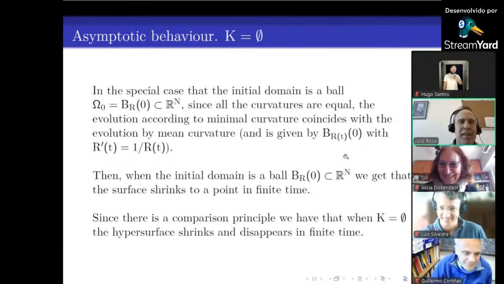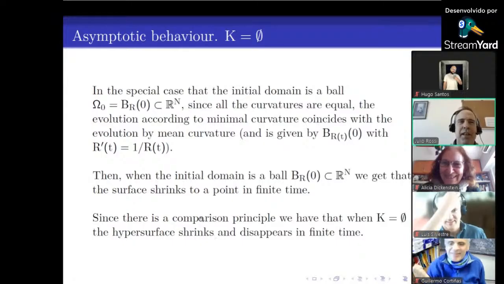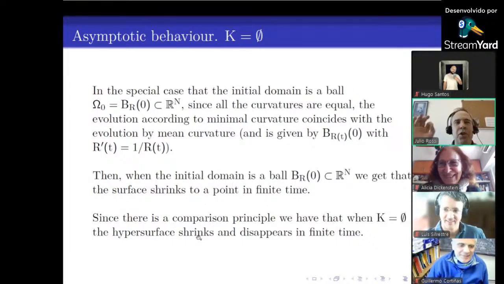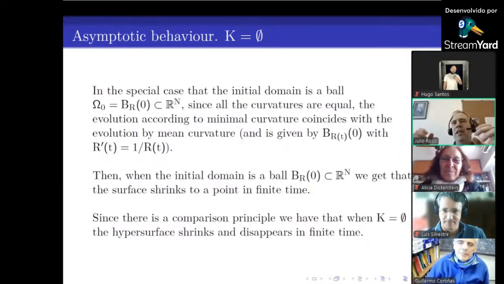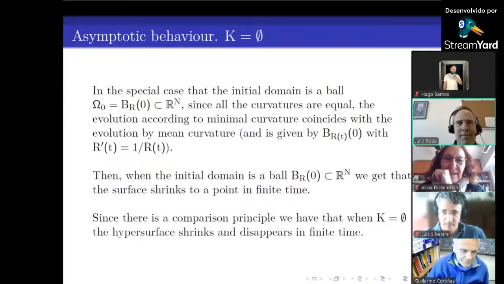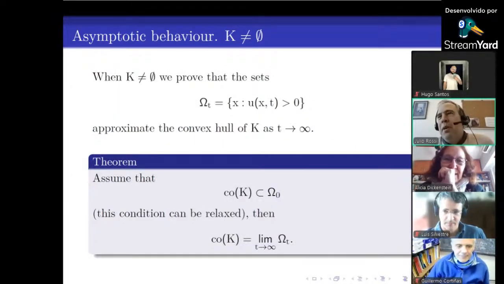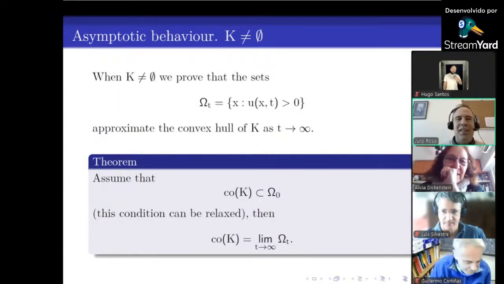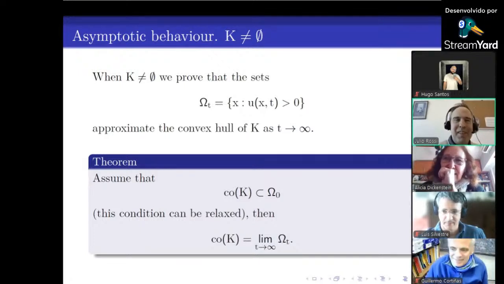Sure. The hypersurface shrinks and disappears in finite time; shrinks is probably not entirely correct. The hypersurface moves and disappears in finite time, but it collapses to something. Yeah, sorry about this, and thank you for the clarification as well.